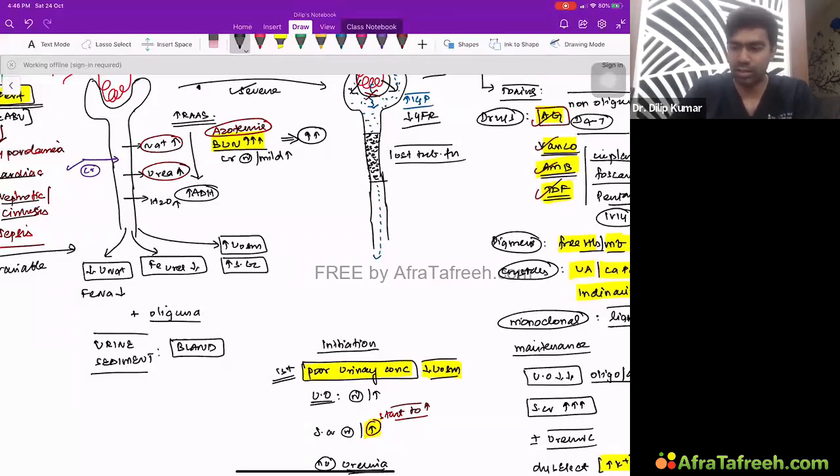First, the sodium cannot be reabsorbed because of the poor tubular function. Second, the urea cannot be reabsorbed as well because of poor urea reabsorption. And third, the water also cannot be reabsorbed because of poor water reabsorption. Even though ADH might be there, it will not work because of the poor tubular function.